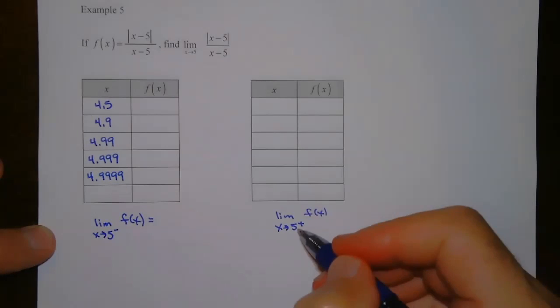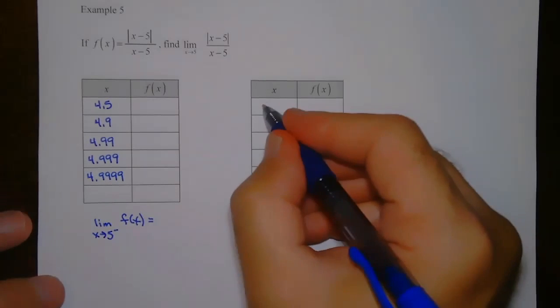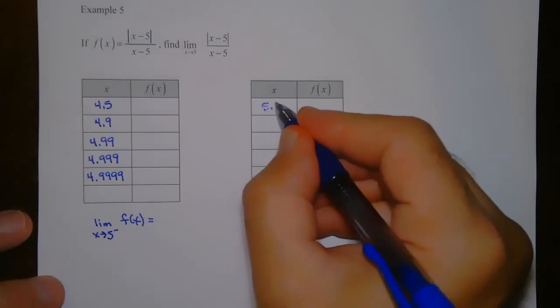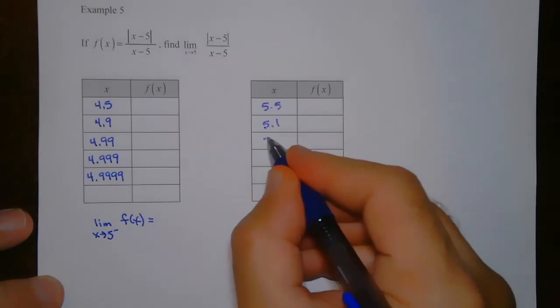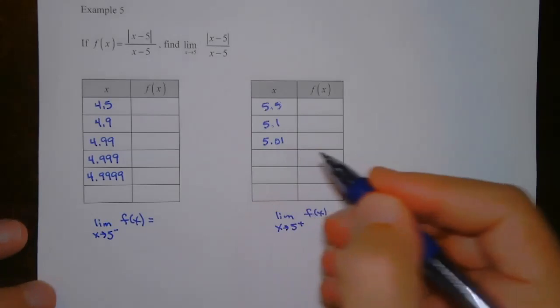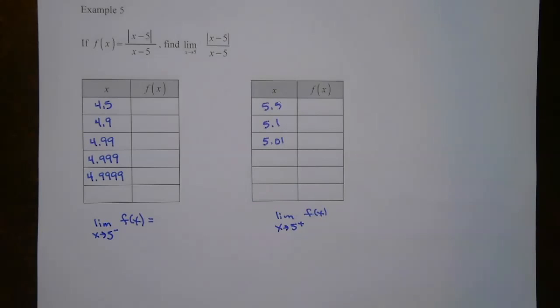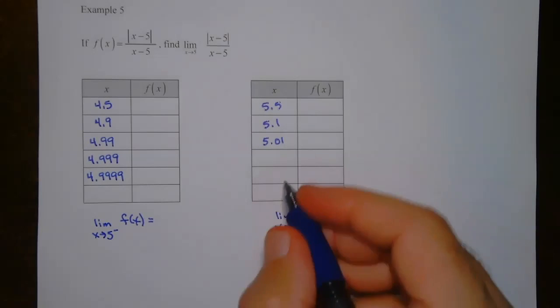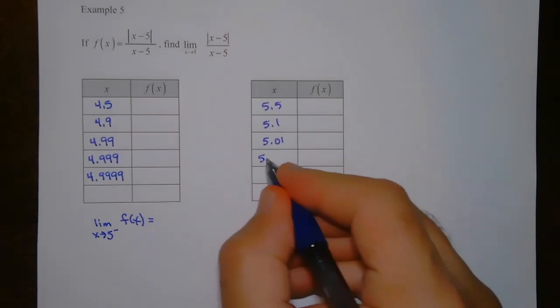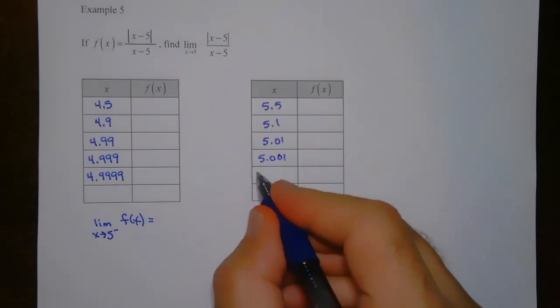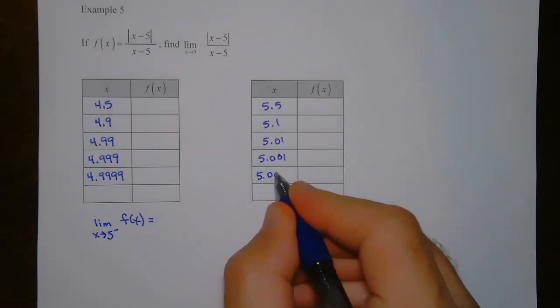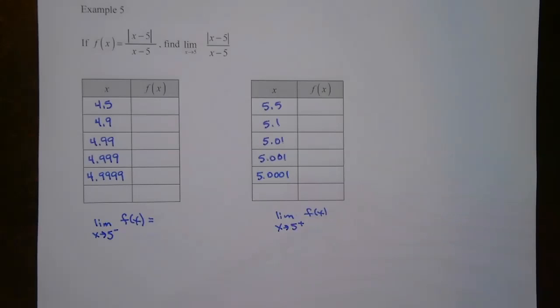And for over here, it'd be 5.5, 5.1, 5.01. It's powers of 10 that we're adding to this. 5.001, and then 5.0001.